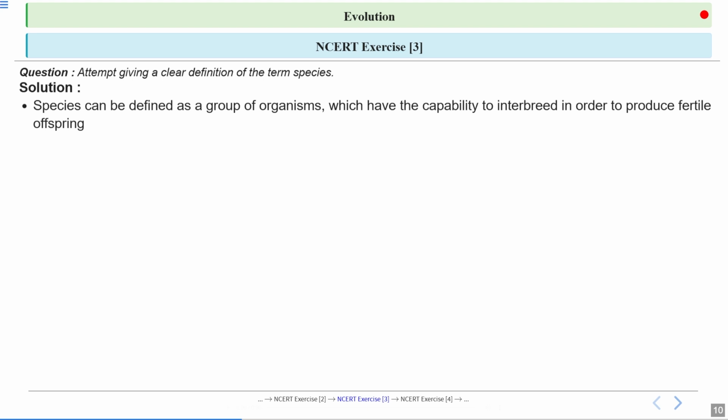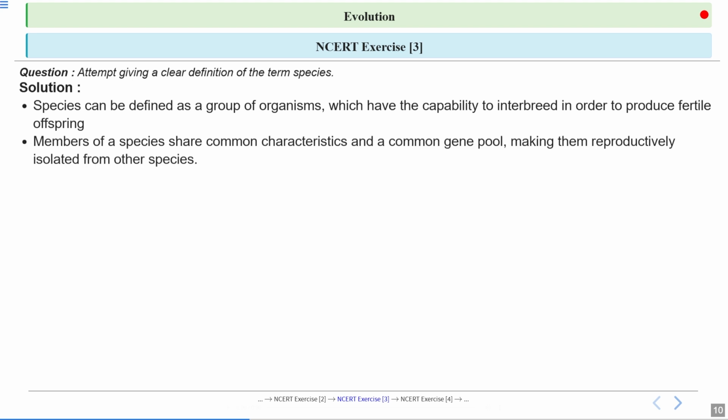Species is basically a group of organisms which can interbreed, and they are reproductively isolated from other such groups, meaning members of different species cannot interbreed. Members of a species share common characteristics and a common gene pool, because they can interbreed among themselves, which makes them reproductively isolated from other species. This is the definition of species.